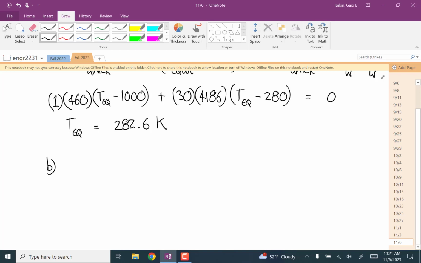So we're going to use the fact that for an incompressible material, delta S is equal to specific heat times the natural log of the later temperature divided by the earlier temperature.